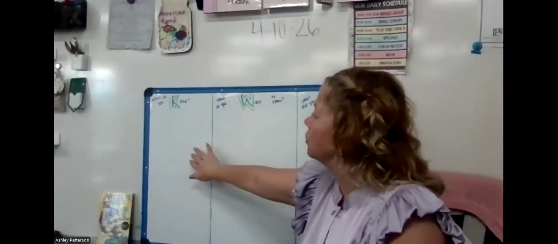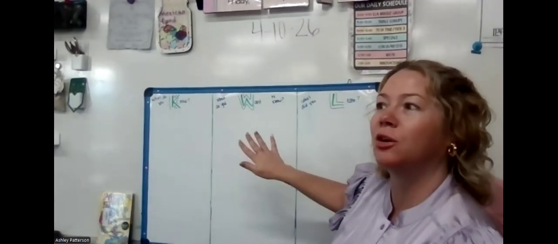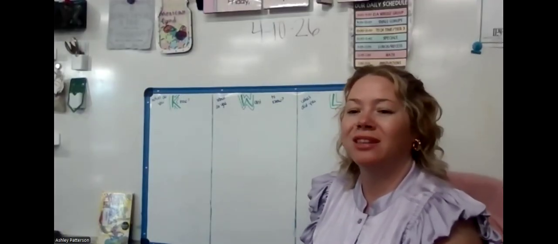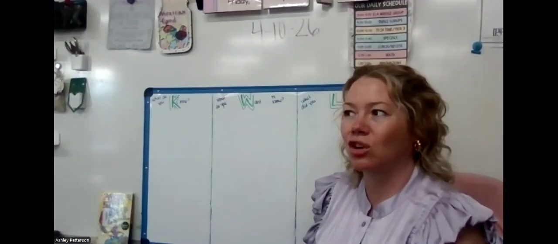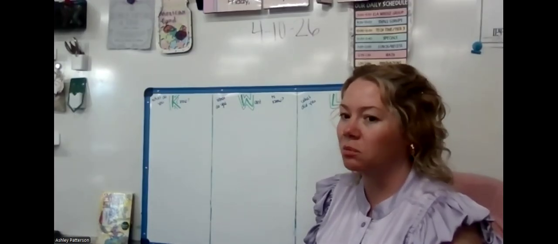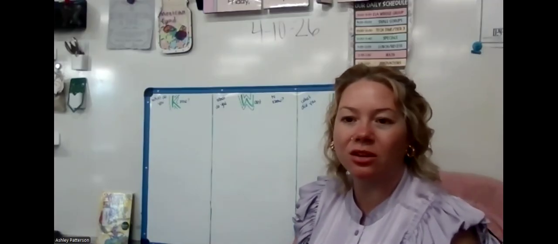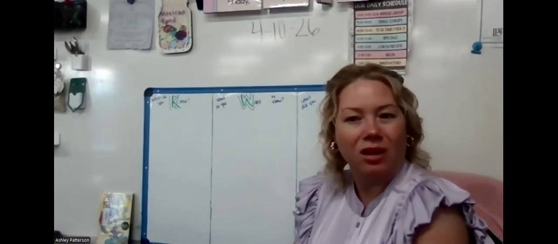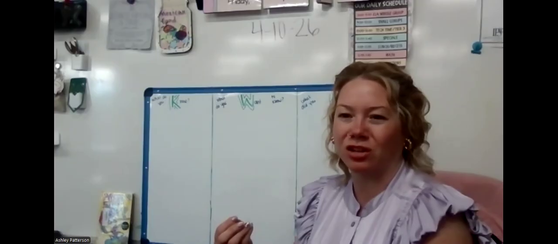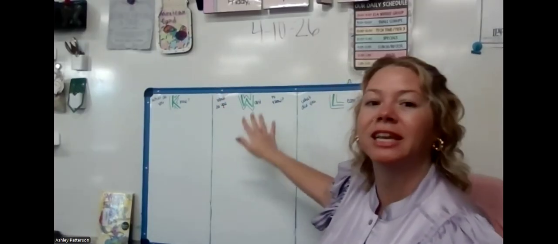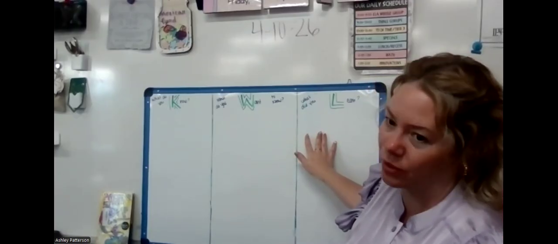So it's what do you know, what do you want to know, and what did you learn? This helps because a lot of students struggle with understanding what they're reading. Especially if they don't connect to it or it's something they already know, their brains are maybe going to shut down. So you want to activate their prior knowledge, encourage their curiosity, and have them reflect on what they're learning.